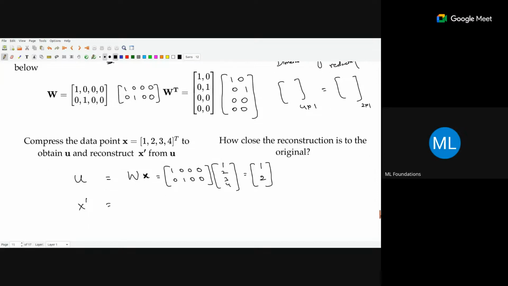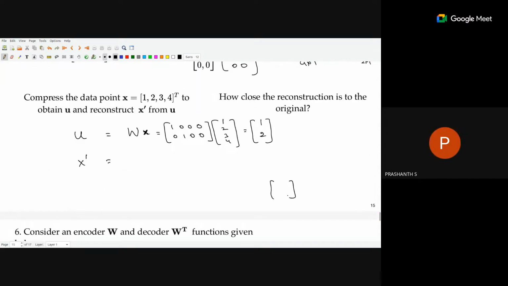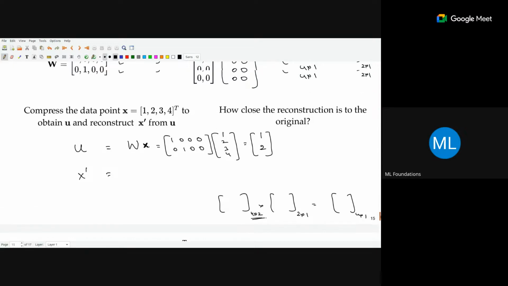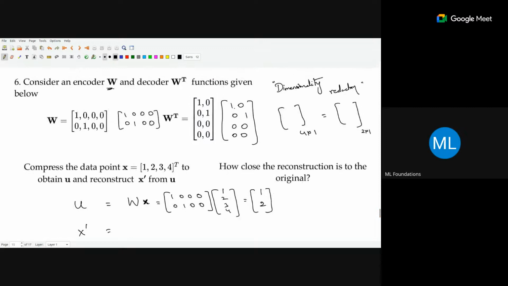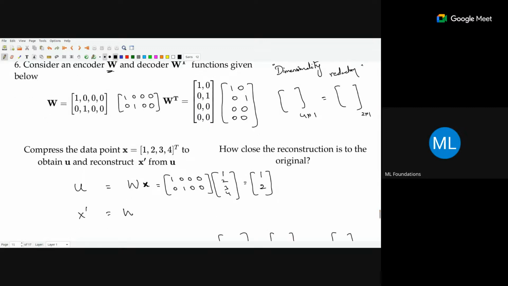So with what should I multiply? I should multiply with a 4 cross 2 matrix. Then it will get multiplied to this, and I will get a 4 cross 1 matrix. So I have to multiply W transpose to this U to get the x prime.